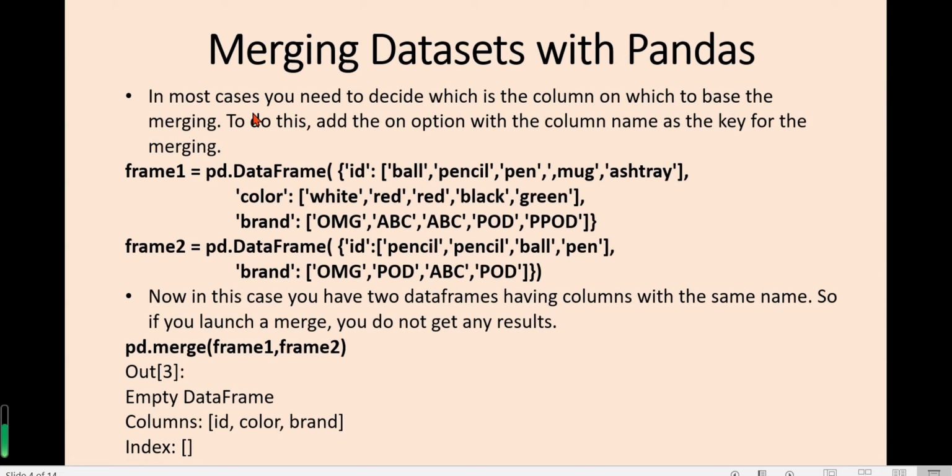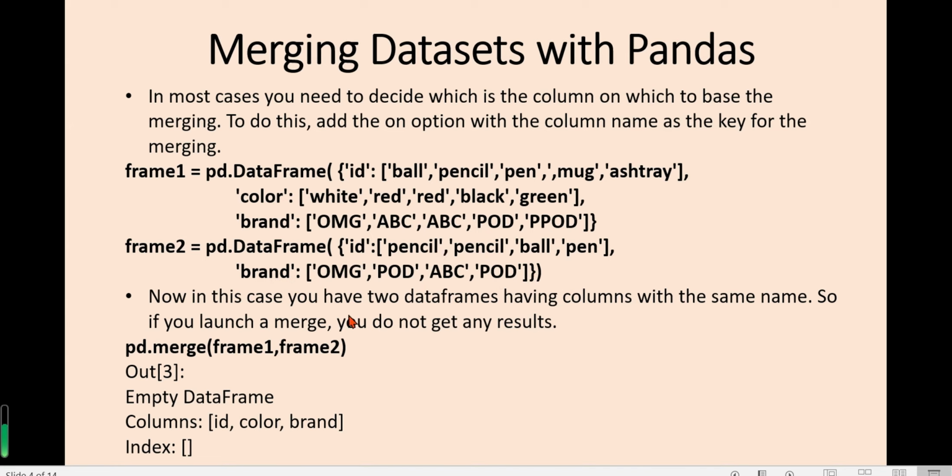And in most cases, you need to decide which column to base the merging on. To do this, you have to add the on option with the column names as the key for the merging. So we create two data frames. Frame 1 has 3 columns, ID, color, and brand, with 5 rows, and frame 2 has 2 columns, ID and brand, with 4 rows.